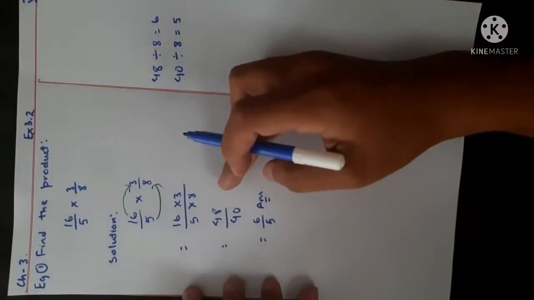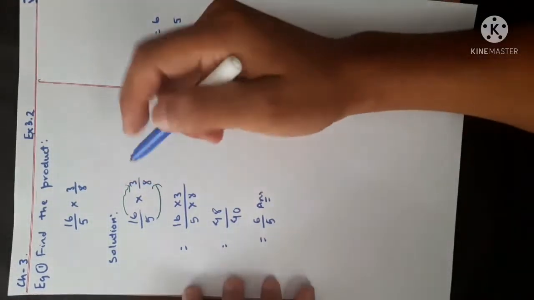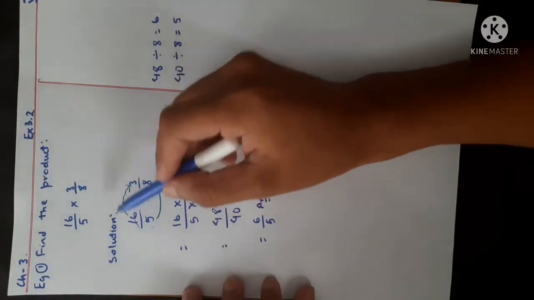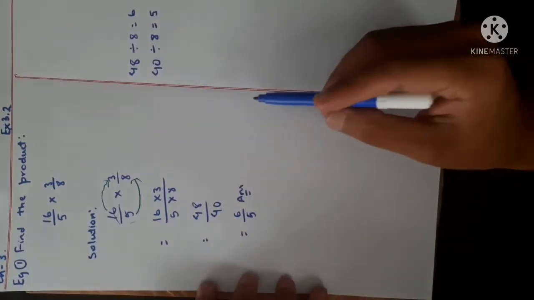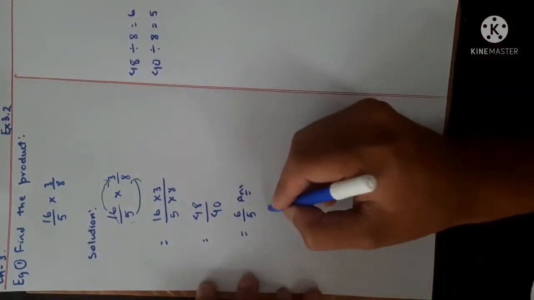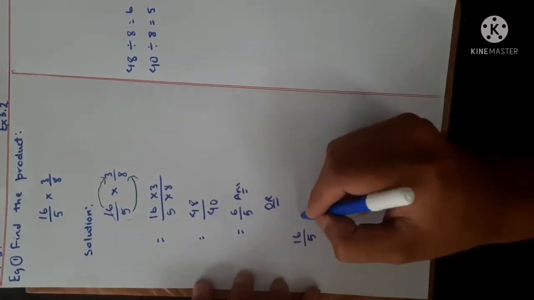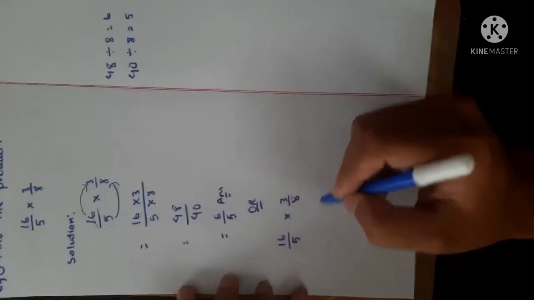There is another method of doing this, and that is by cancelling out in the first expression itself. Or we have 16 by 5 multiply 3 by 8.